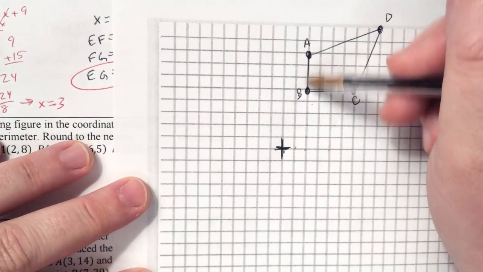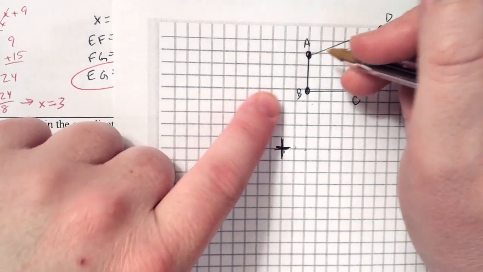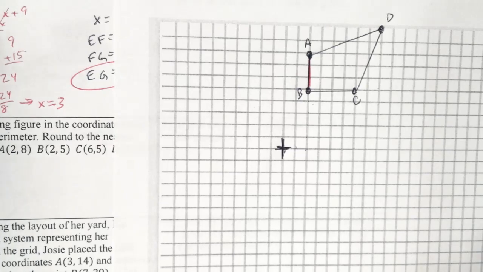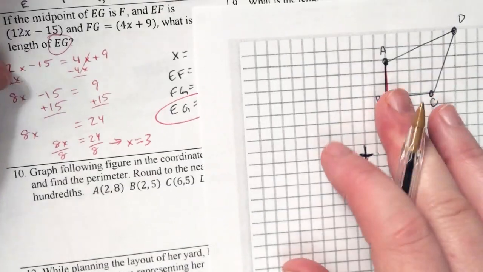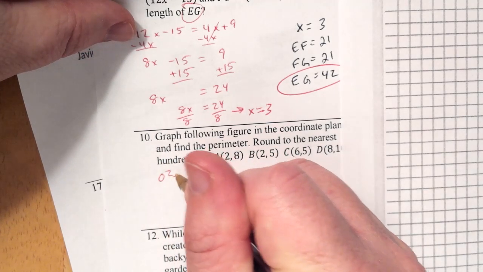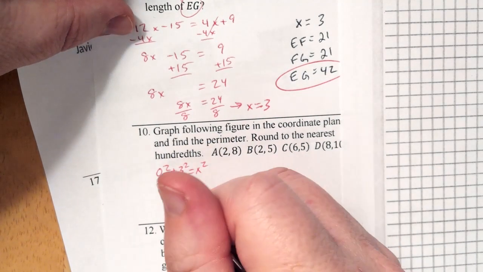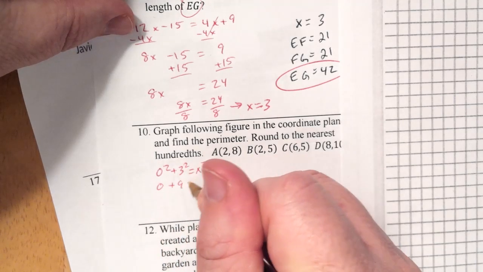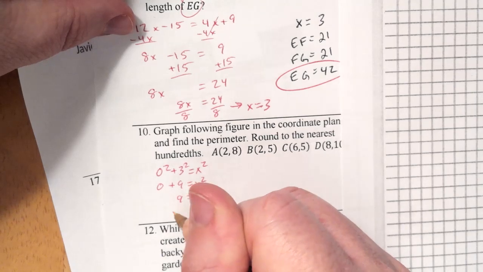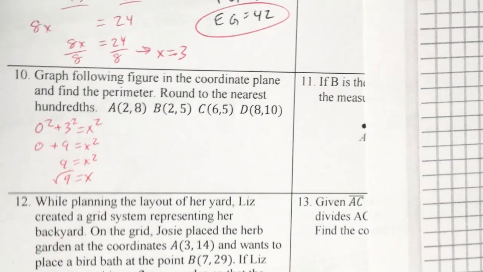If it's straight up and down, we can just count it. That's 1, 2, 3 hops, right? Or we could go, okay, that is 0 squared by 3 squared equals x squared. That's 0 plus 9 equals x squared. We get 9 equals x squared. We got the square root of 9, or in other words, the number 3, right?